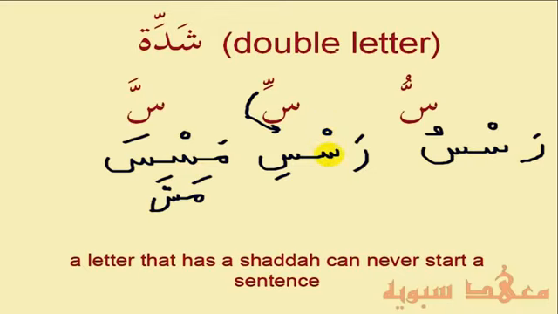Let's look at some words with the shadda. So here we have 3 words, actually 4 words, because iyaka actually is made up of 2 different words. We have a particle and a pronoun. So how do we pronounce this? Iyyaka. Notice the ya gets a double vowel because of the shadda there.